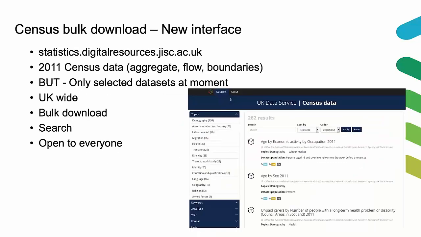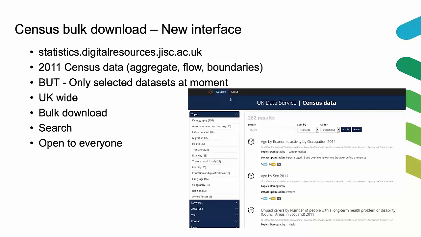We've also just put up a new interface called the Census Bulk Downloads, at statistics.digitalresources.jisc.ac.uk. We're putting more and more data into this. At the moment, it's only 2011 census data, but it's aggregate, flow, and boundaries. We are adding more as we go along. We're just putting the 2001 data in there at the moment.